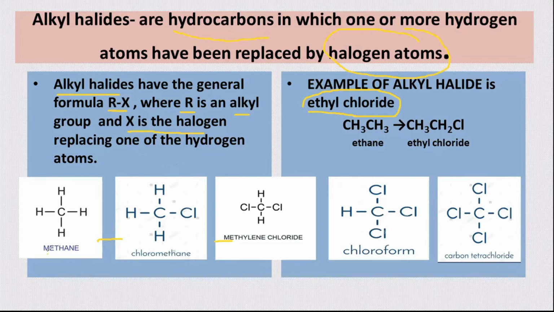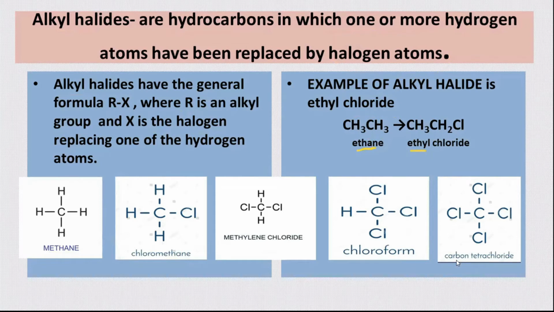For example, we have methane, chloromethane or methyl chloride, methylene chloride, chloroform, and carbon tetrachloride. In naming alkyl halides, we replace the -ane ending with -yl. So from ethane, ethyl chloride.